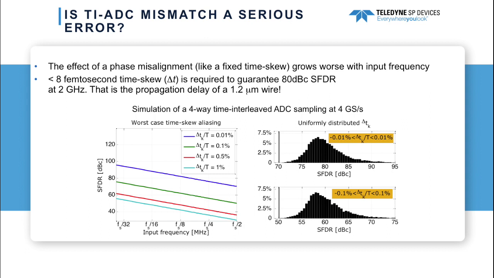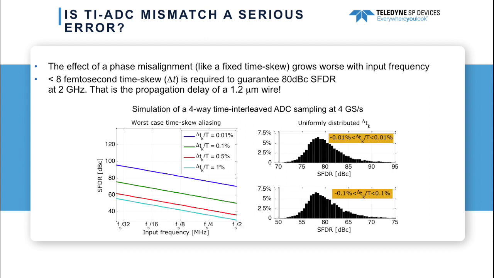For both 0.01% and 0.1% time skew, most simulated mismatch situations are some 8 dB better than worst case. However, outliers do indeed approach the worst case limit.